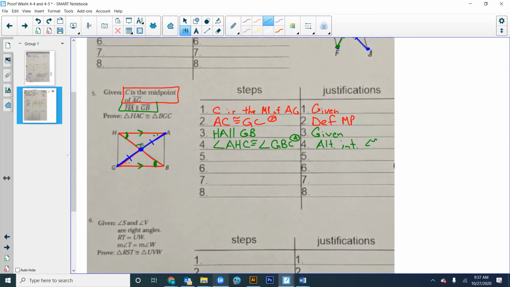If you used vertical angles, you would say angle, you could call it HCA or ACH, doesn't matter. Let's call it ACH, congruent to angle GCB, vertical angles.